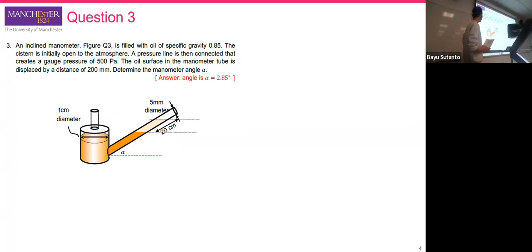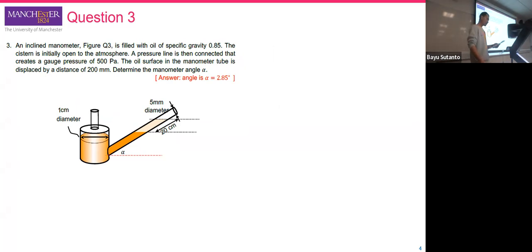Okay, so this is an inclined manometer filled with oil of specific gravity 0.85. The cistern is initially open to the atmosphere, so everything is open to the atmosphere, and it should be at the same level from the beginning.